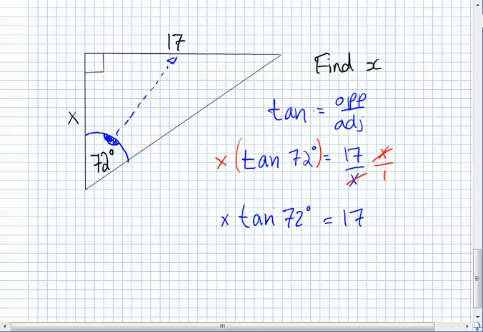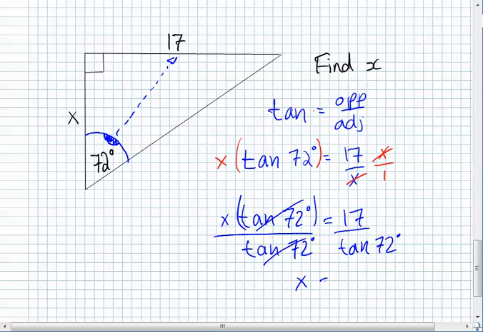Now, to get rid of the tan 72, we're going to divide both sides by tan 72. Tan 72 is just a number you find on your calculator. Because these cancel out to 1, the answer is just 17 divided by tan 72, which is 5.5. There you go.